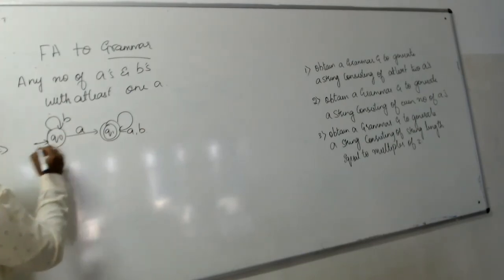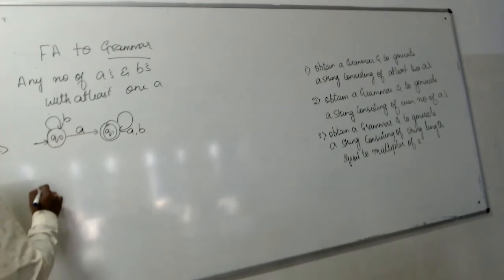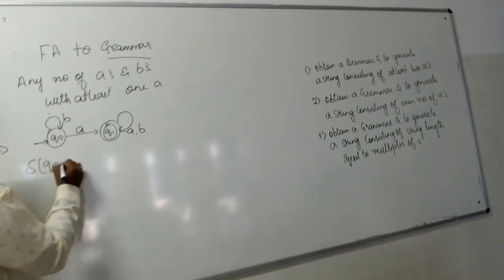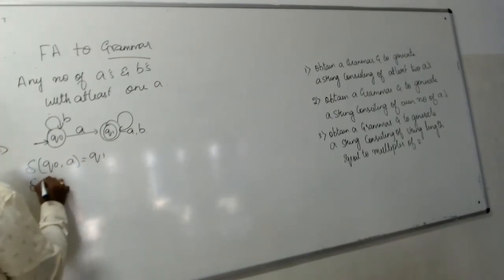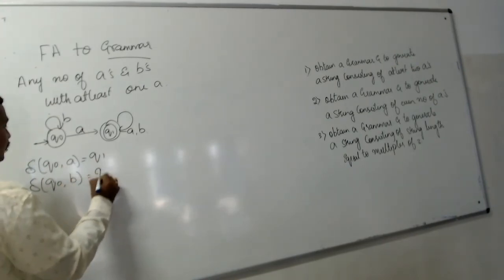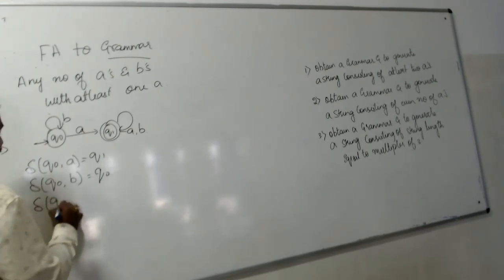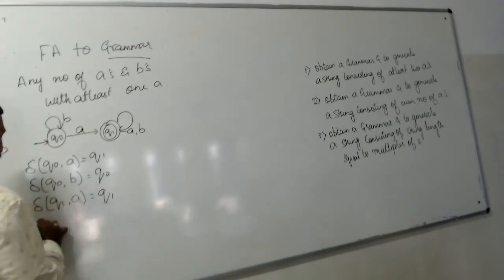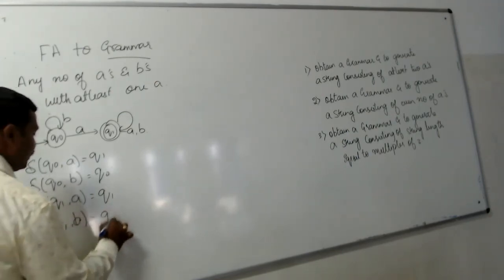Okay. First, so starting state is not my final state, hence no epsilon transition. Next, transition of Q naught on A equals to Q1. Transition of Q naught on B equals to Q naught. So next, transition of Q1 on A equals to Q1. So transition of Q1 on B equals to Q1.